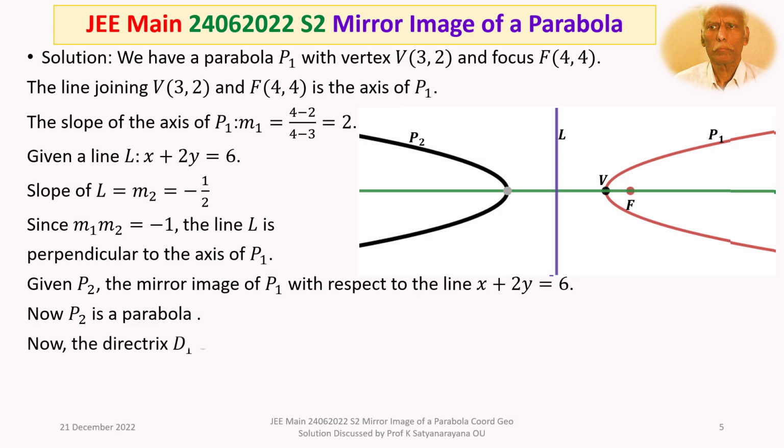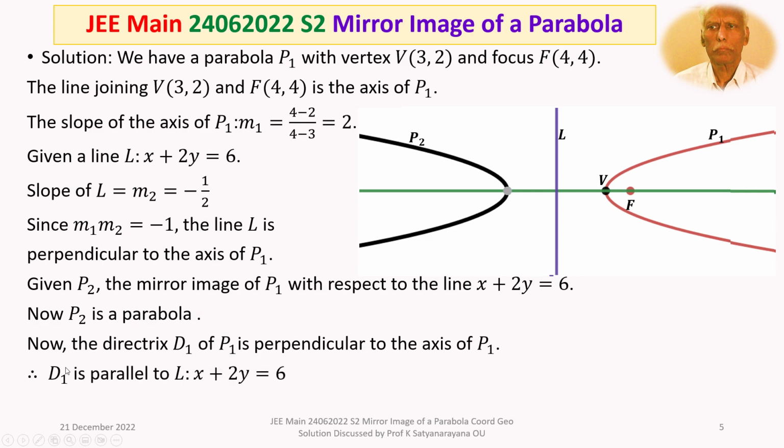We continue. The directrix D1 of P1 is always perpendicular to the axis of P1. But L is also perpendicular to the axis of P1.